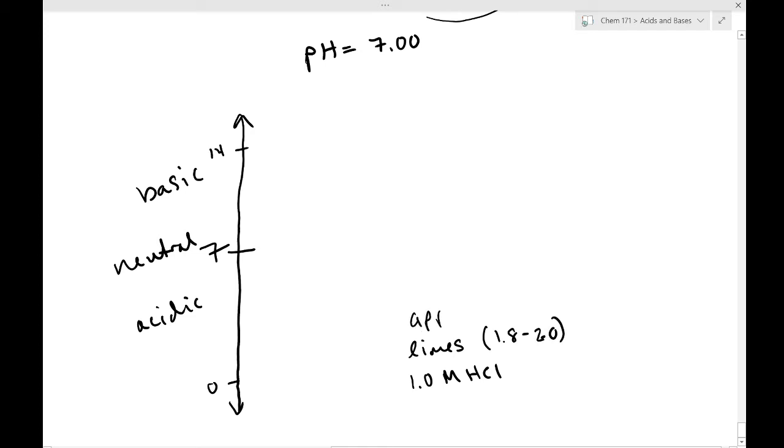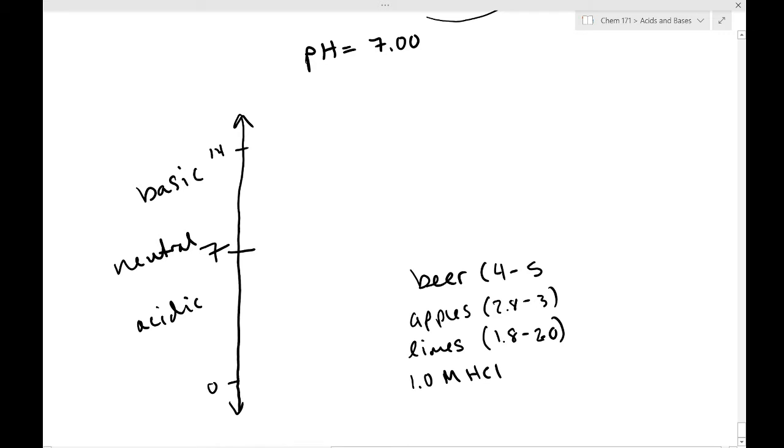Apples are acidic. They have a pH range around 2.8 to 3. Basically, these fruits contain weak acids that make them a little bit acidic. Then we have beer. Beer has a pH of around 4 to 5.